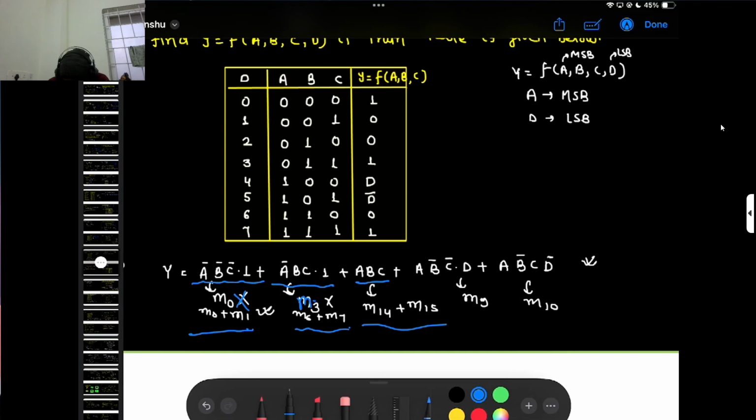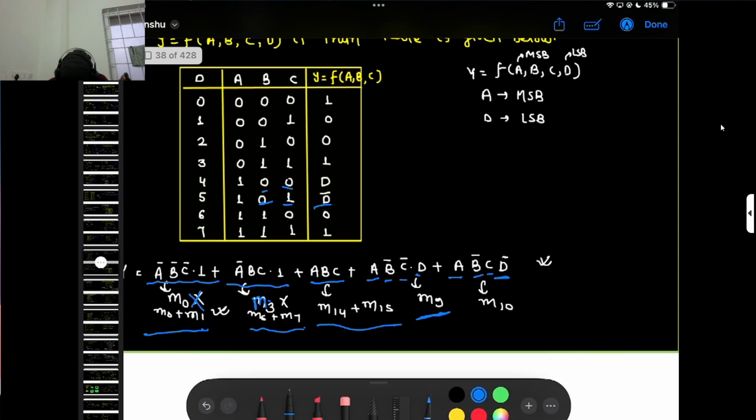So it represents M4 plus M15, and here D, that is A B bar C bar, B bar C bar, and D. So D multiply. So it represents M9, and here A, B bar, C and D bar is here. So it represents M10, and finally this is my ABC.